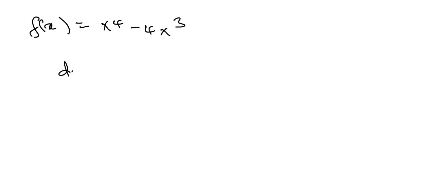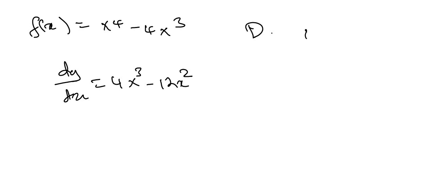We differentiate, so the derivative is 4x to the power 3 minus 12x squared. To find where it's decreasing, 4x cubed minus 12x squared should be less than 0.